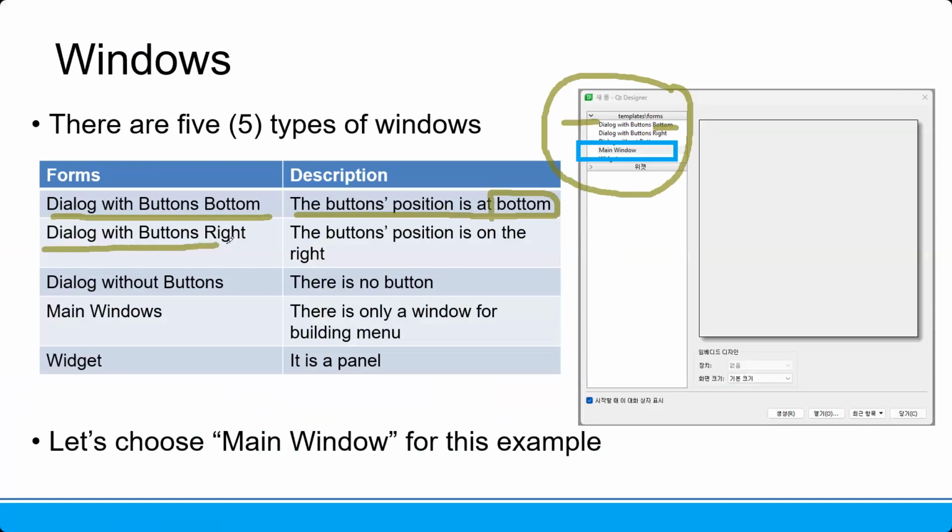Dialog with buttons right, it means the button's position is on the right. We can create dialog without buttons, so there is no button. And we can create main window. There is only a window for building the menu. And widget. A widget is a panel.